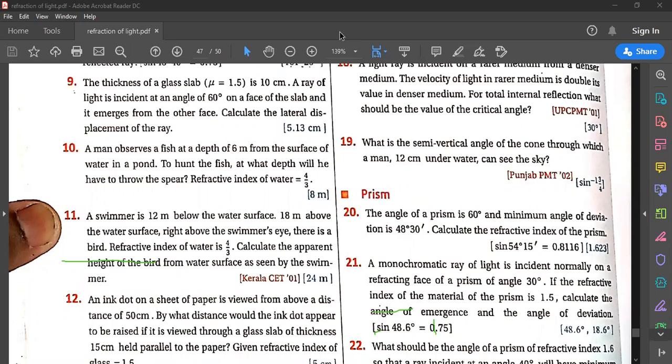So the real height is given, 18 meter. And the swimmer is 12 meter below the surface.